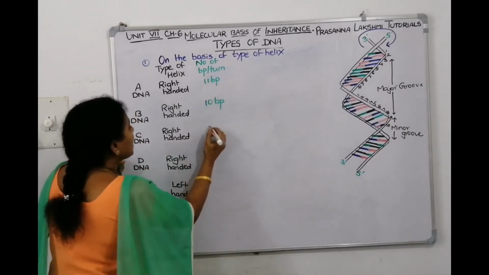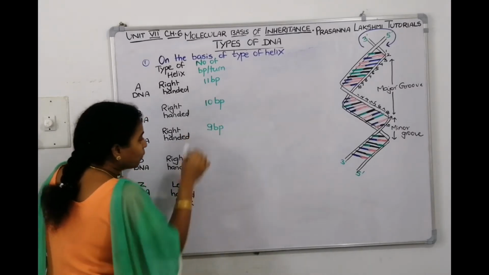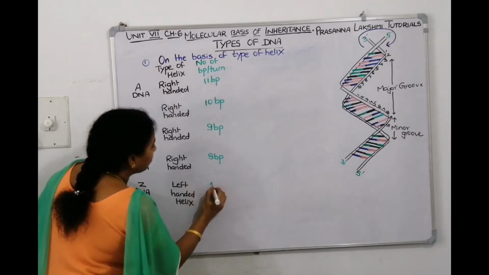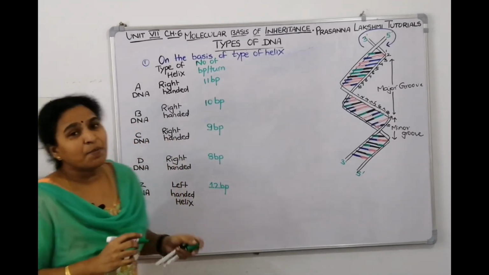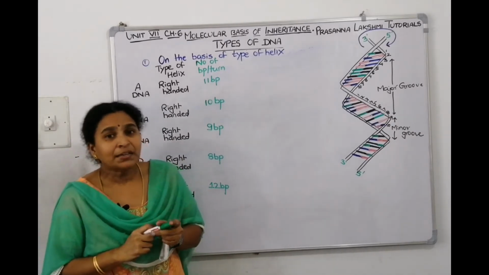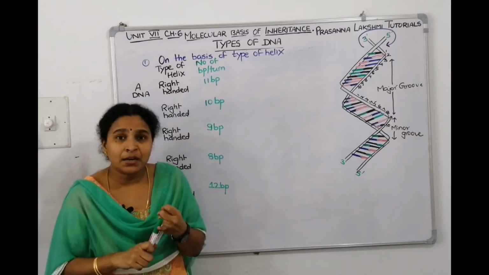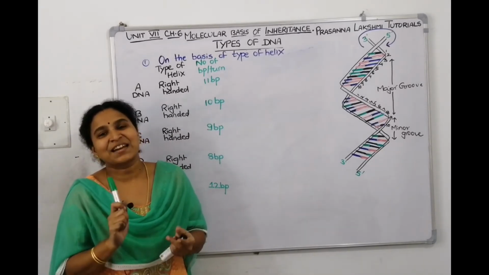Reduce 1, C will have 9 base pairs per turn. D, reduce 1 more, 8 base pairs per turn. Z has 12 base pairs per turn. So, A will have 11, B will have 10, C will have 9, D will have 8, Z will have 12.